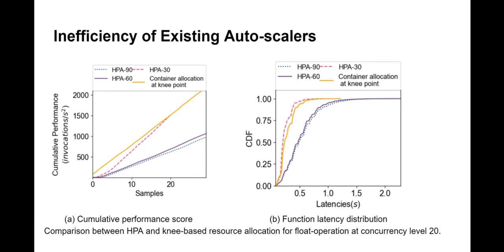The cumulative performance score is the sum of performance scores accumulated so far at a given sampling interval. We also observe that high CPU utilization targets of 60 and 90 lead to high function latencies, as shown in Figure B.